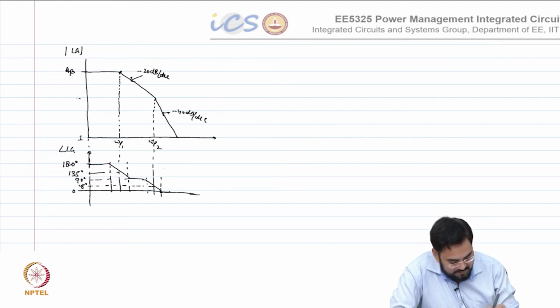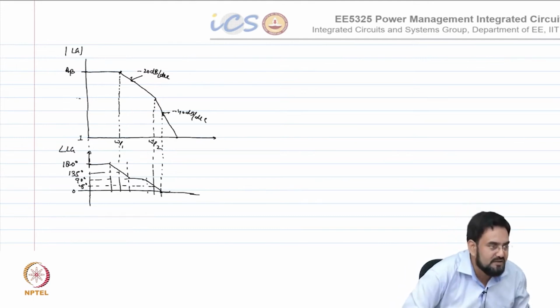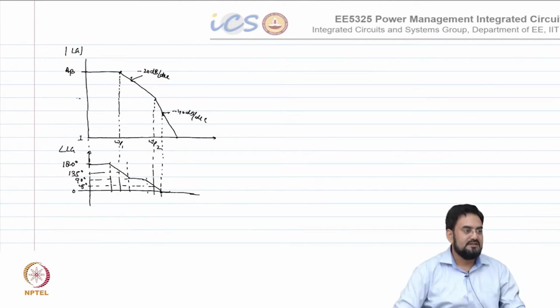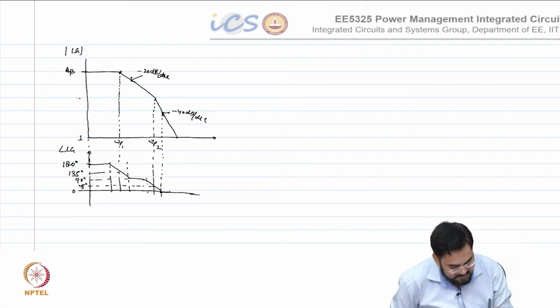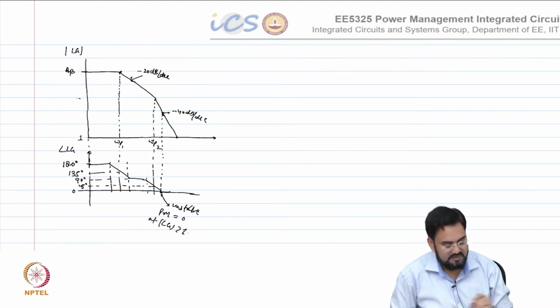So now look at the gain. You are hitting 1 at higher frequency, but your phase has already crossed 0 degree, which means this is unstable, because phase margin is 0 here at loop gain greater than 1.